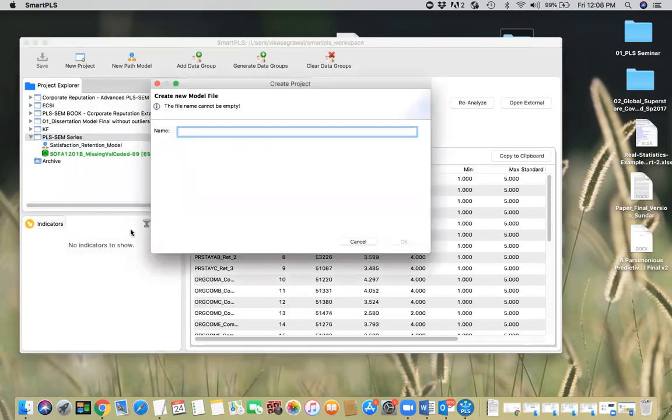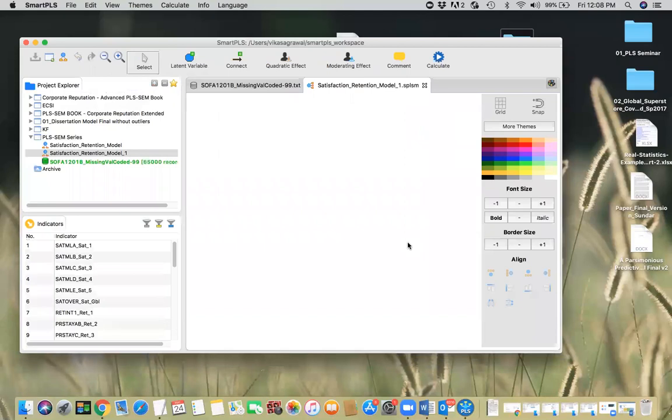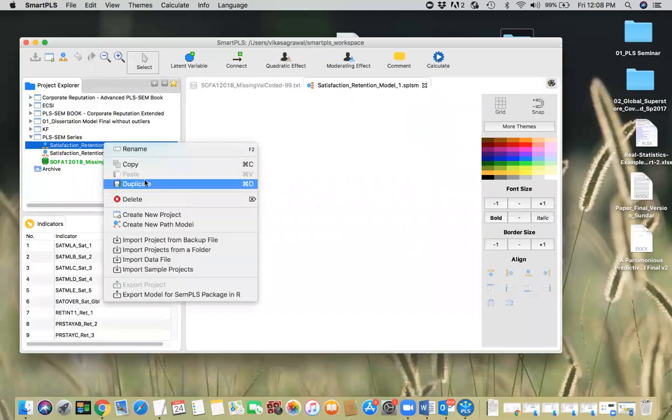Let's call it satisfaction retention model 1. Let's delete the other one. We don't need this one.